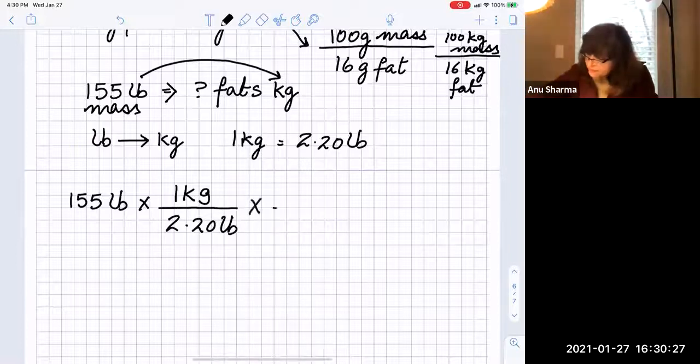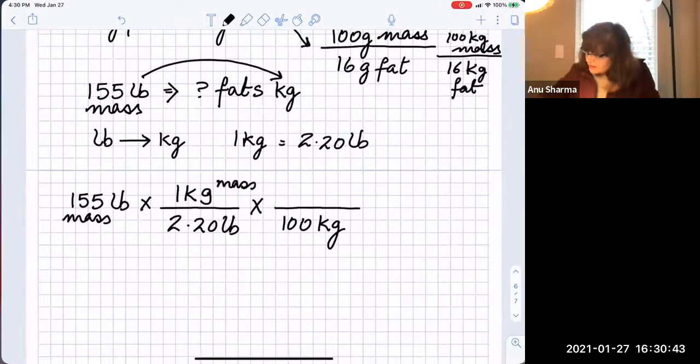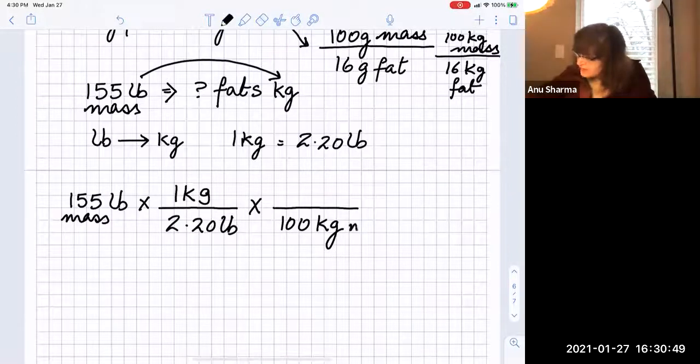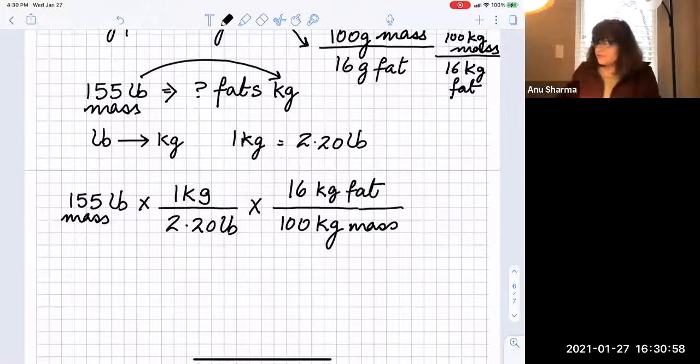Next, we need to find how much of the fat is present there, so we need to get rid of the kilograms. 100 kilograms of body mass converts this into a mass of the body, and 16 kilograms of fat is present in 100 kilograms of the total body.